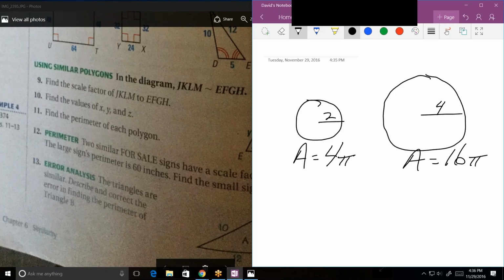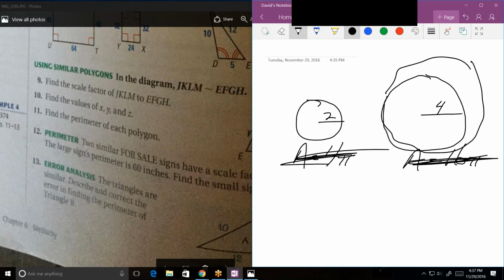And in fact, if I had a sphere and I was talking volume, the volume is the scale factor cubed. If I had two marbles, one had a radius of 4, the other had a radius of 2.